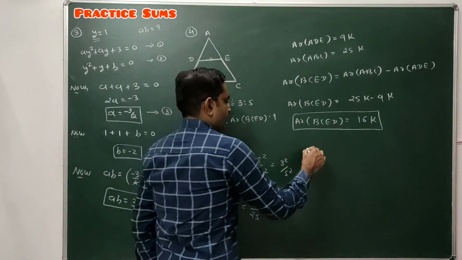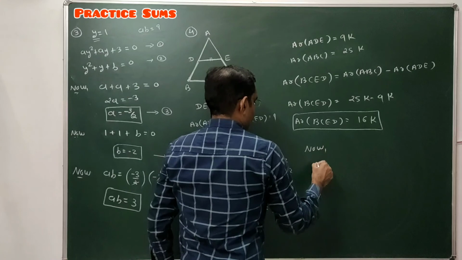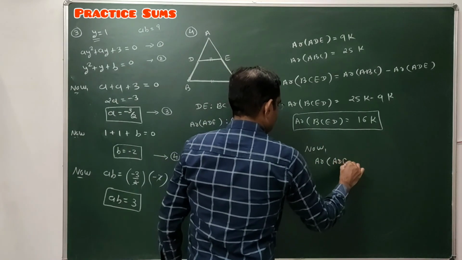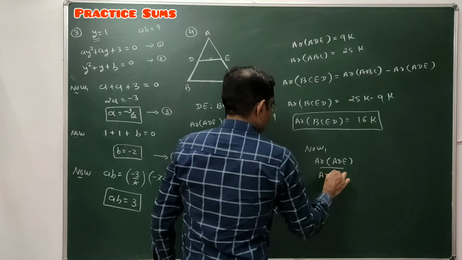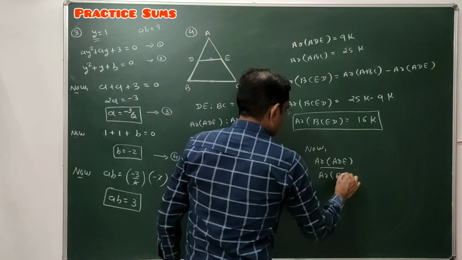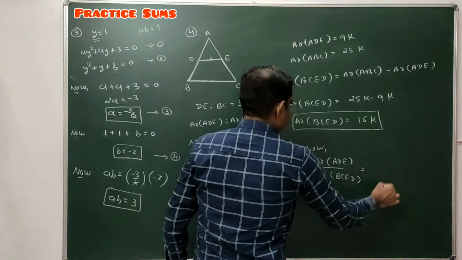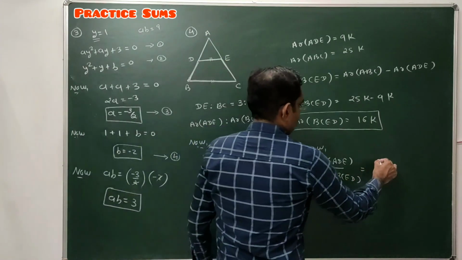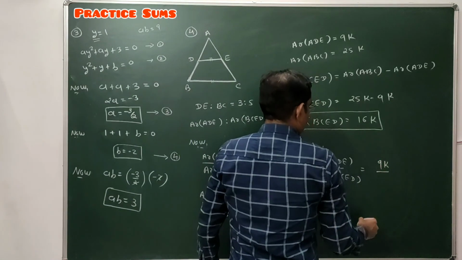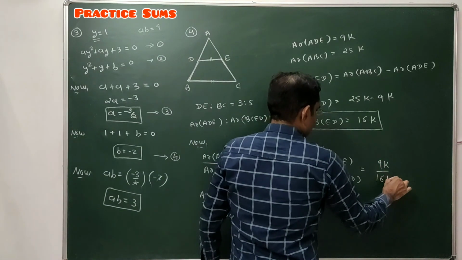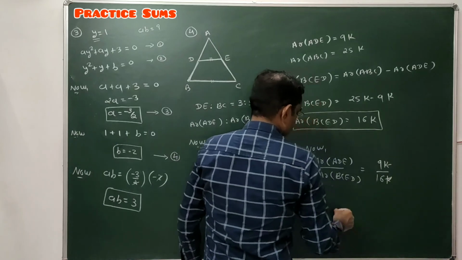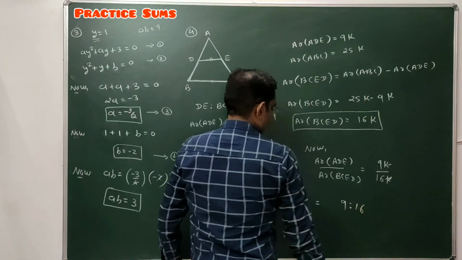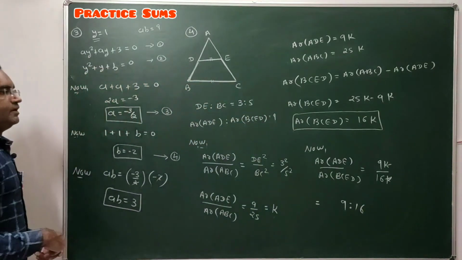So now required ratio is area of triangle ADE upon area of trapezium BCED. What is the area of triangle ADE? 9K upon area of trapezium 16K. K K cut. So the required ratio is 9:16 is the answer. Clear students?